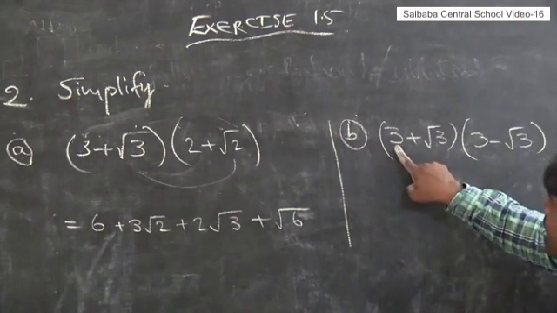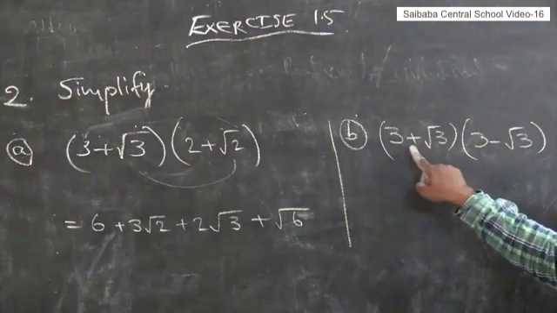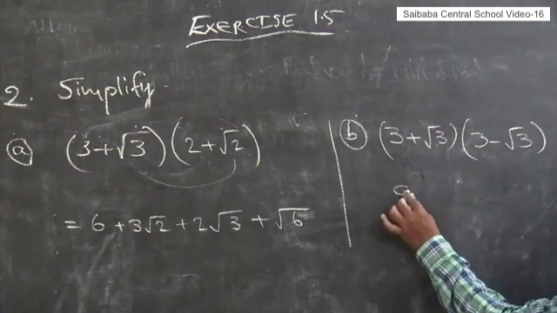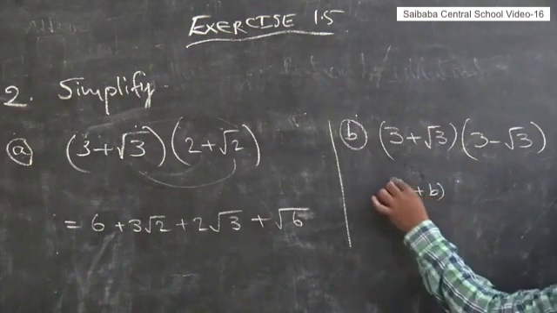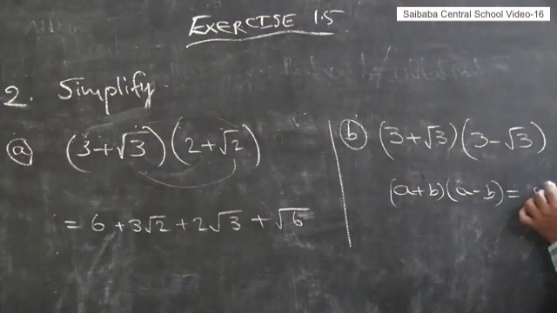It looks like A plus B into A minus B. What is the formula? A plus B into A minus B is equal to A square minus B square. Here what is A? 3.